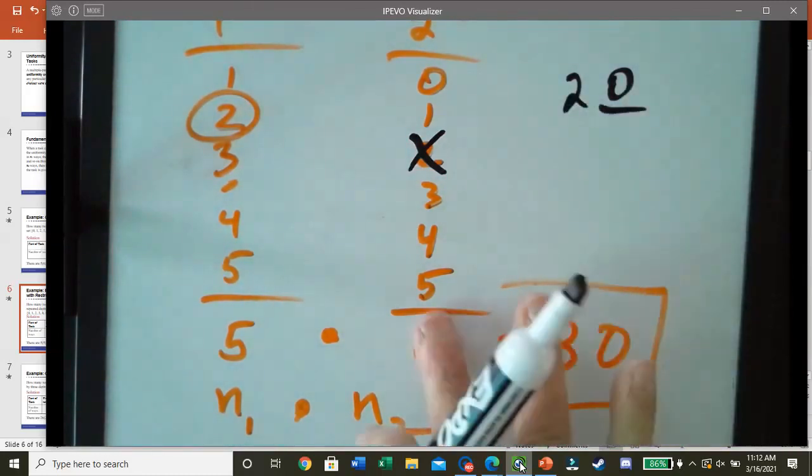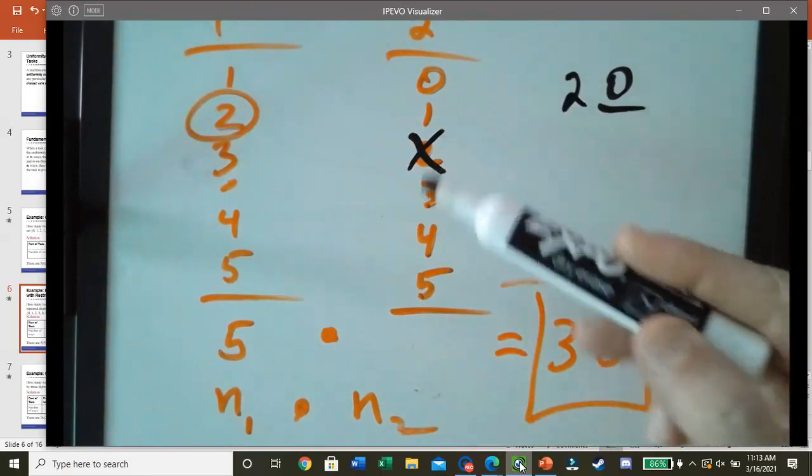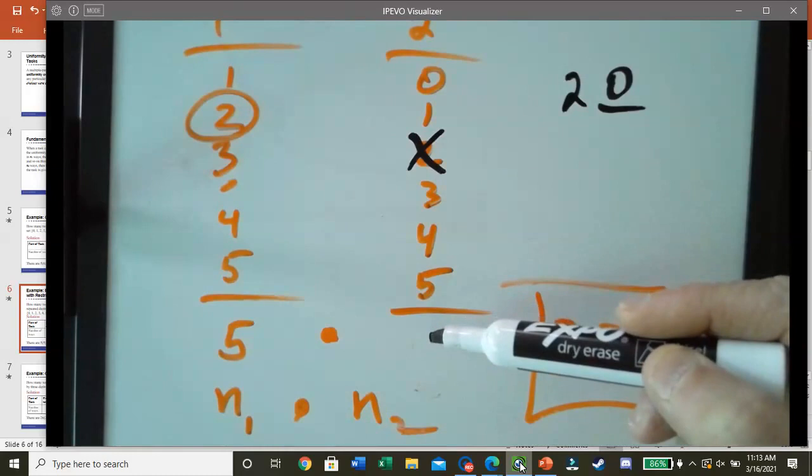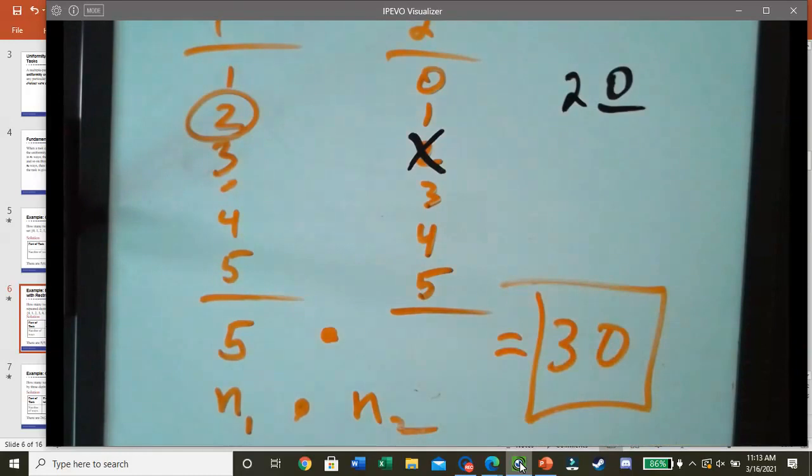So now how many numbers do we have for the second digit? If we cannot repeat, it's not 6 anymore. Now it's what?